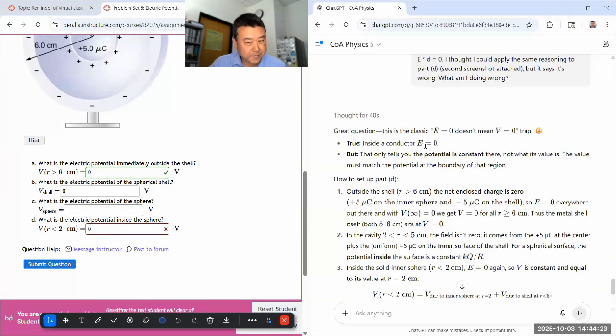Inside a conductor the field is 0, so the potential is constant, not changing. But the value is 0 here because you are working with a universal reference, where at infinity the potential is 0. This is the key thing.